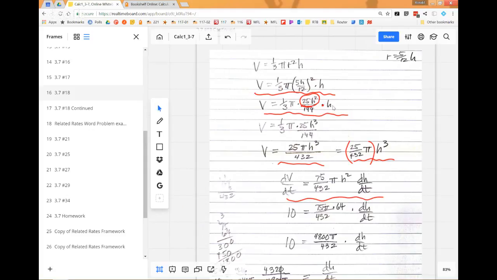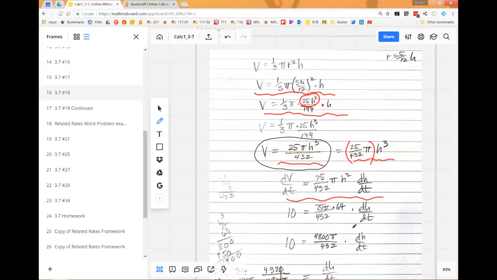And then if you take 25 h squared over 144 times h, you get 25 over 144 h cubed. And then if you combine that all together, multiply all of that by 1/3, you get 25 pi h cubed over 432. So this is just a simplified version of everything put all together.